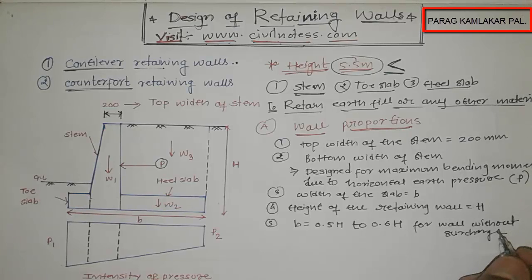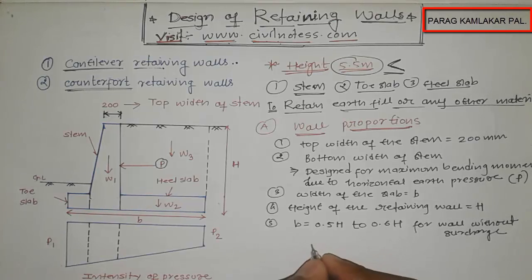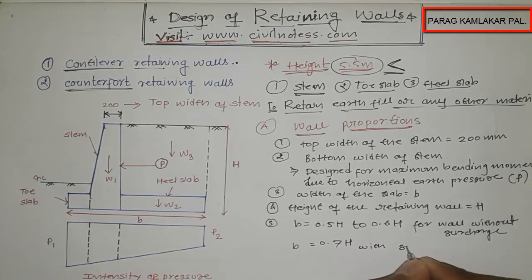Now if there is any surcharge, like any flow or whatever it is, then it may be 0.7 of H with surcharge.